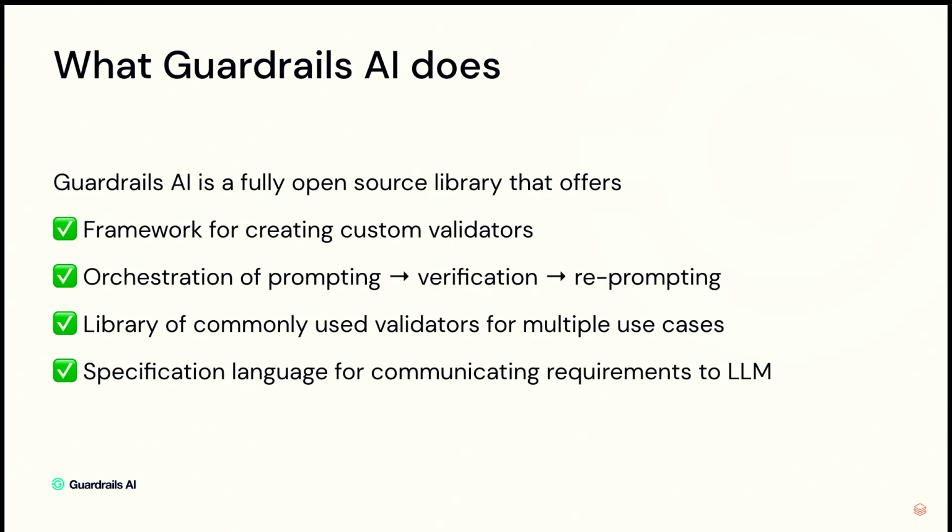It is the orchestration of prompting to verification to reprompting implemented for you, so you don't have to orchestrate the whole thing yourself. It is a library and a catalog of many commonly used validators across multiple use cases. And finally, it is a specification language for communicating your requirements to LLMs that is more robust and defensible than just the prompt.